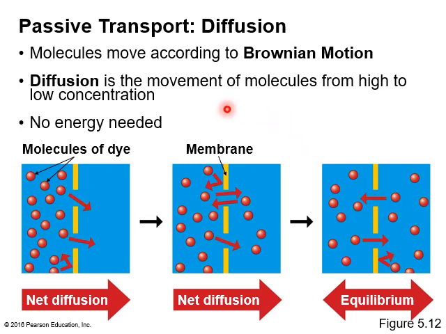You can think of this even if you were to take a glass of water and drop some food coloring into it. At the beginning, the food coloring would be at the very top and very concentrated, but eventually it would spread out throughout the rest of the glass, until there was an equal distribution of that food coloring throughout the entire glass of water. And the glass of water would be completely uniform in color. So that is diffusion.